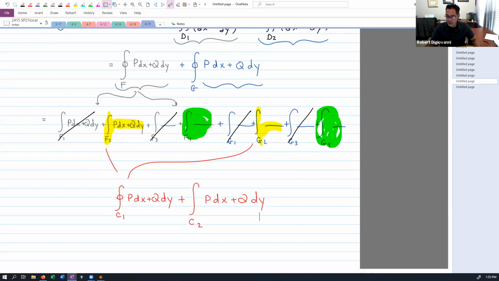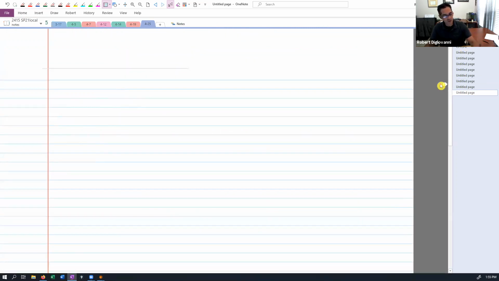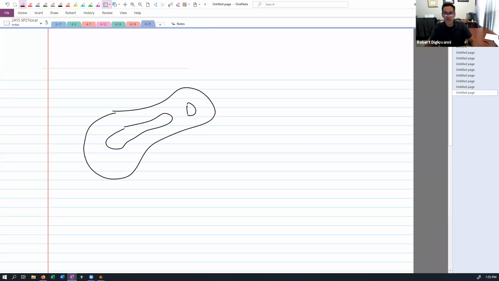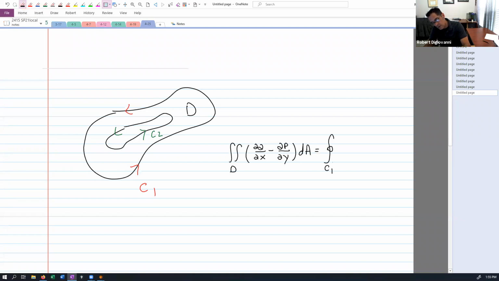And I'll summarize it in a new picture. If we have some region D, and we have a path that goes around like this, C1, and another path on the inside that's also positively oriented, C2, then we have that the double integral over D of partial of Q with respect to x minus partial of P with respect to y dA must be equal to the closed line integral over C1 of P dx plus Q dy plus the line integral over C2 of P dx plus Q dy.